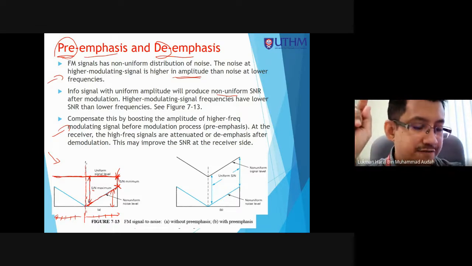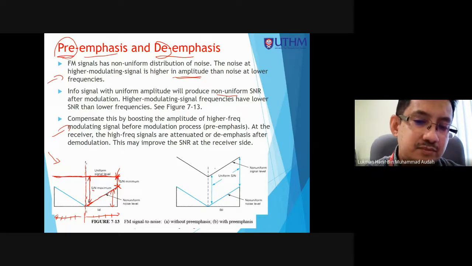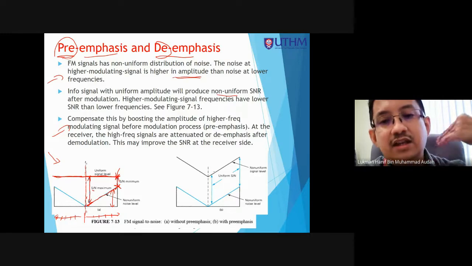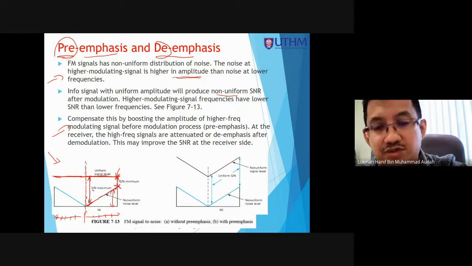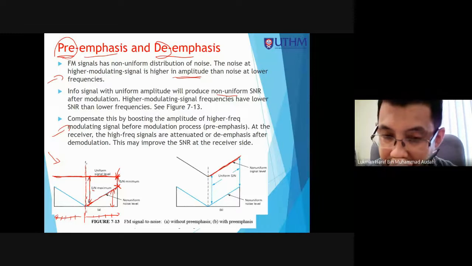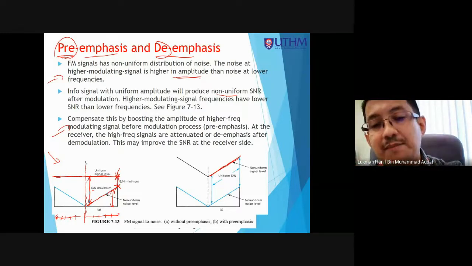So therefore, if you see from here, if we increase the signal level, kita akan increase secara linear. Lagi tinggi nilai input frequency, lagi tinggi kadar kenaikan yang kita akan tambah signal tersebut. Kadar gandaan, maksudnya we will amplify.